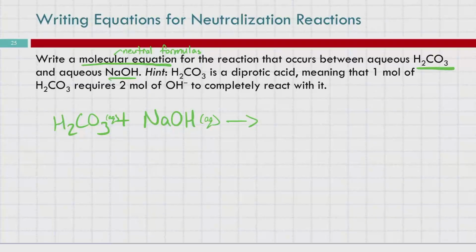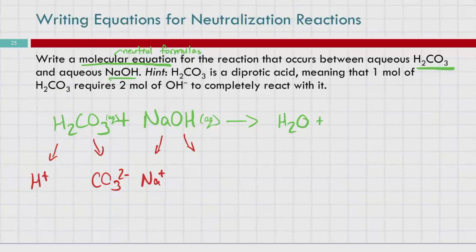One of our products is going to be water. We're also going to have a salt. What's our salt going to be? One way we can figure it out, Na2CO3 is correct. So we can separate to our individual ions and run it like a double replacement reaction. Our anions get swapped.